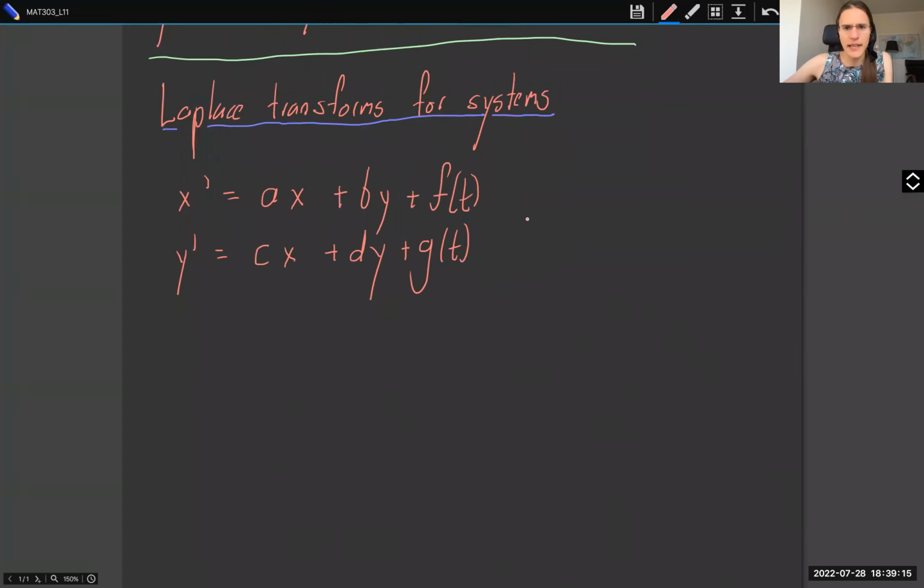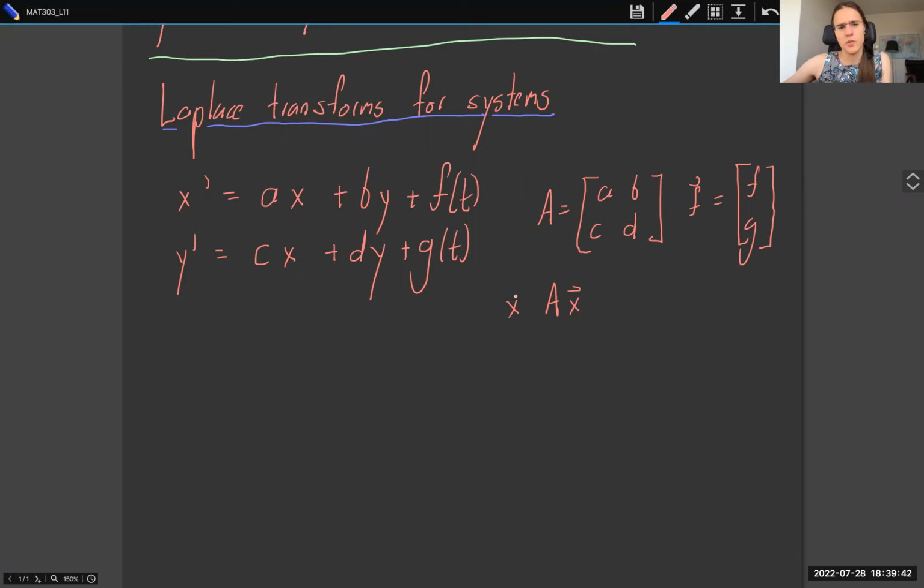So what we get then is that for A equal to the matrix a, b, c, d, and f equal to the vector f, g, we want x prime is equal to A x plus f, so that's our usual system.